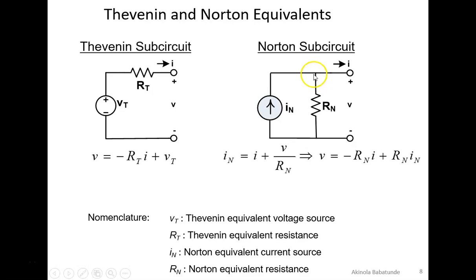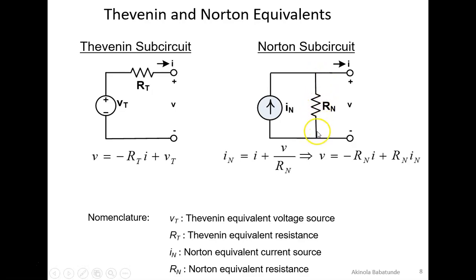When we apply KCL, we know that for current entering a node, we assign a negative sign, and for current leaving a node, we assign a positive sign. So In is entering the node, so we have minus In, plus I leaving the node, plus the current flowing through this resistance Rn.